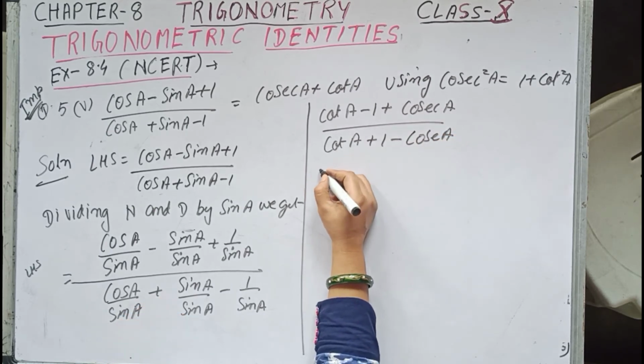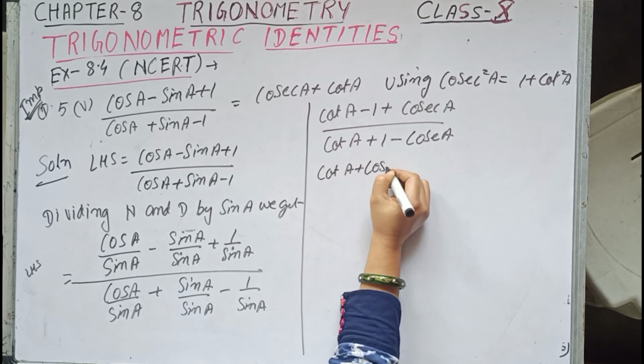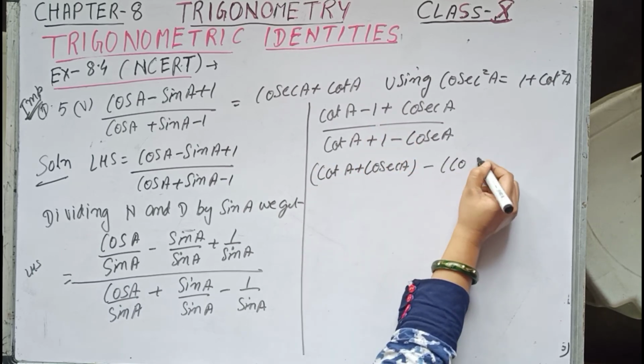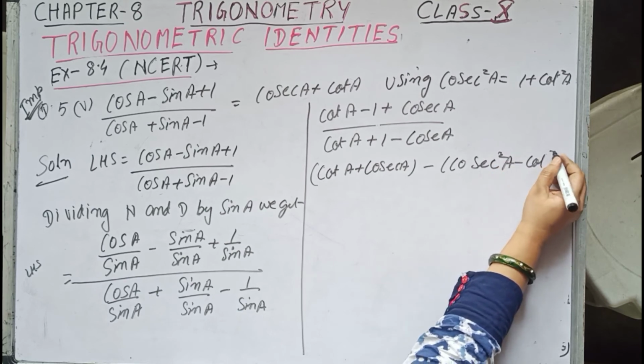So here I can write cot A plus cosec A, and in place of 1 I will be writing cosec square A minus cot square A.